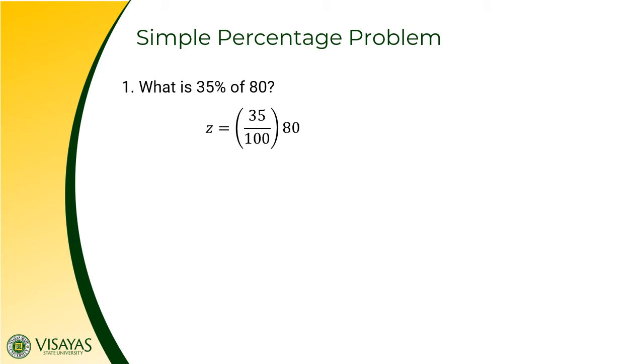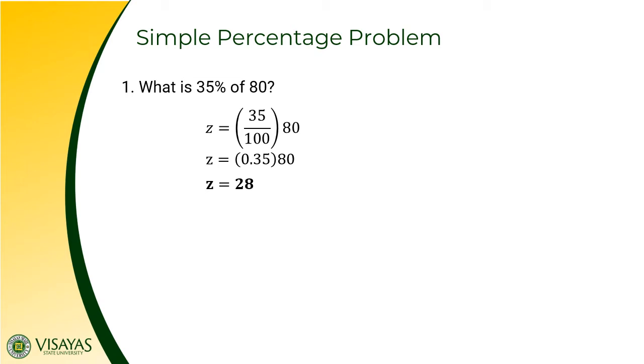You might be wondering, why is 35 divided by 100? Because that is the process. I know that you know this already. We have to convert the percent to decimal by dividing it by 100. So we have here 35 divided by 100 times 80, and that is 0.35 times 80, and Z is equal to 28.